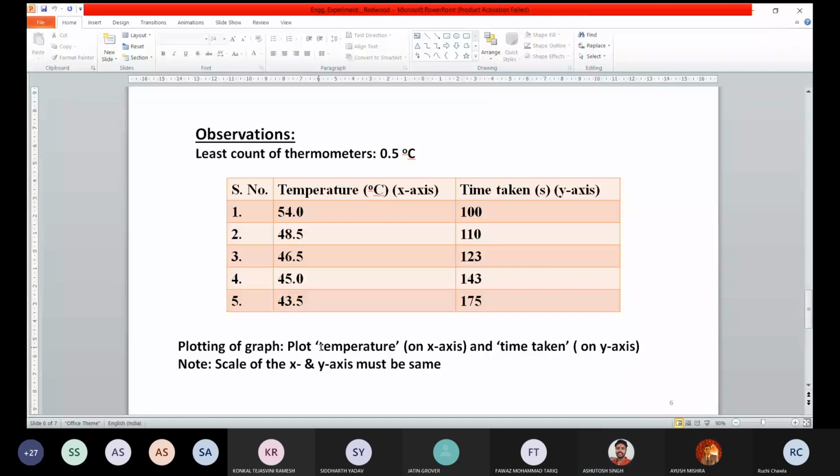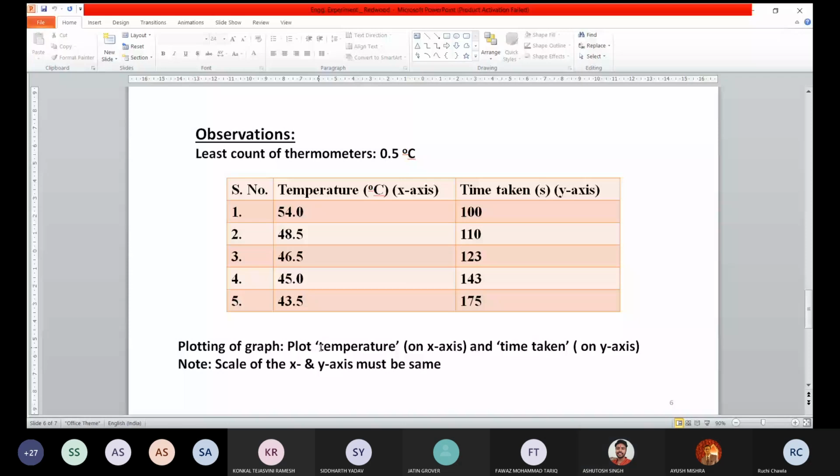More time. What is the relationship between time taken and viscosity? Is it direct or inverse? Direct. So whatever relationship you get between temperature and time taken, that is going to be the relationship between temperature and viscosity as well. Yes?